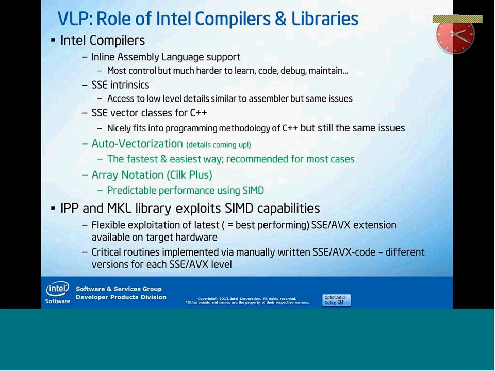I will also explain something called array notation, which is part of our Cilk Plus, for predictable performance to exploit the SIMD capability of each core. And just as a reminder, if you use the two performance libraries that I mentioned, IPP and MKL, they automatically exploit the SIMD capabilities under the hood.